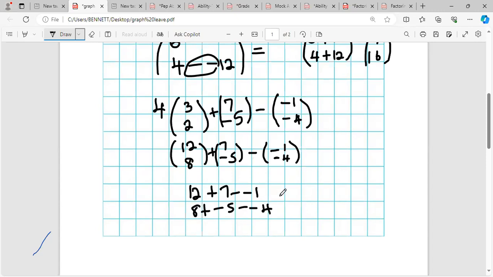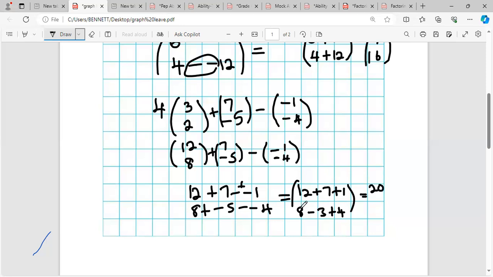So I could simplify. We know that this is going to become a plus. So it would be 12 plus 7 plus 1. And for the final y term now, it would be 8 minus 5 plus the 4, because that's going to become plus. All of these are positive, so we add them and get 20.